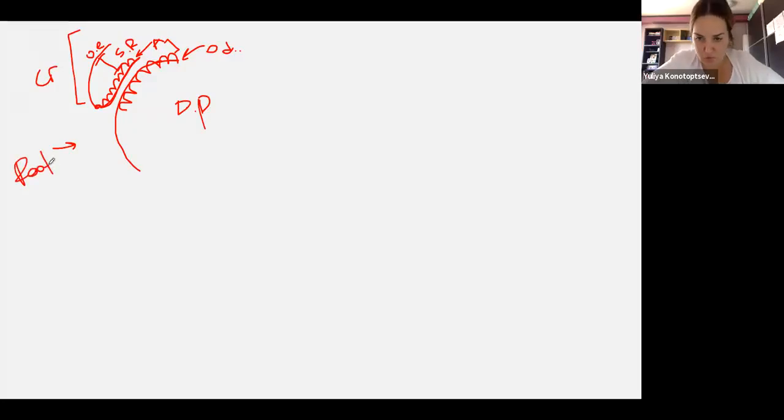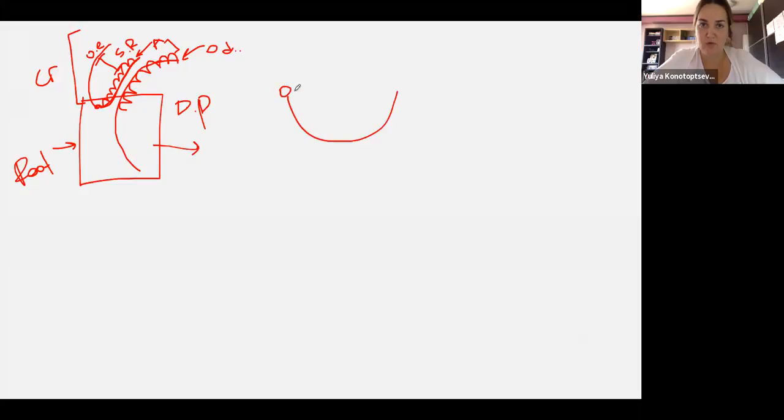So what are we going to do? We're going to magnify this area right here. Okay, we're going to redraw it like this. So this is the outer enamel epithelium. Which cells are these?